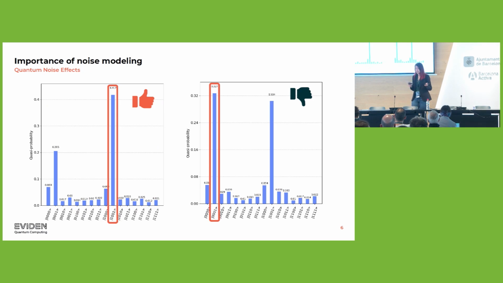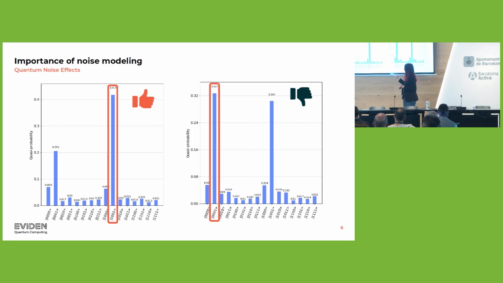To illustrate how noise can affect quantum computers, I will show the following example. Given a deterministic circuit, meaning a circuit with one output or another depending on the inputs it receives, if we execute it on a real computer, we may obtain a correct state, like in this picture.